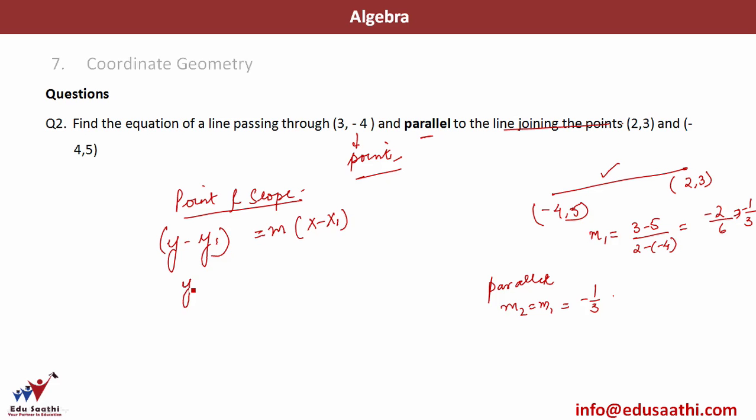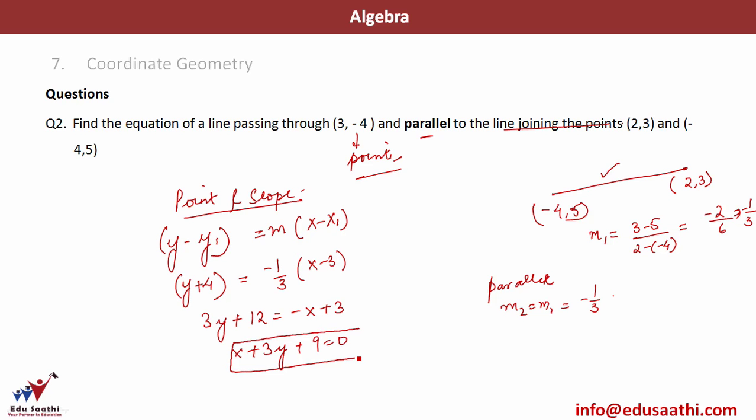Now y minus minus 4 would become y plus 4 equals minus 1 by 3 (x minus 3). So again solving the equation, it will be 3y plus 12 is equal to minus x plus 3. So it will be x plus 3y plus 9 equals 0, the equation that I will end up with.